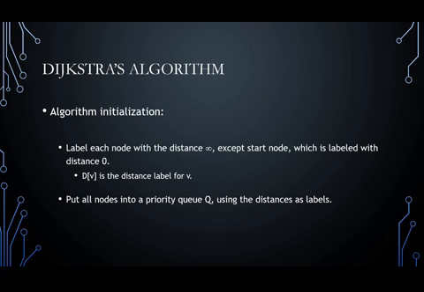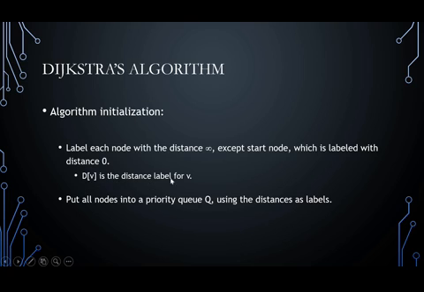For all the vertices, we put the distance as infinity. Then for the starting node, whichever has been identified as your source node, we will label the distance as 0.